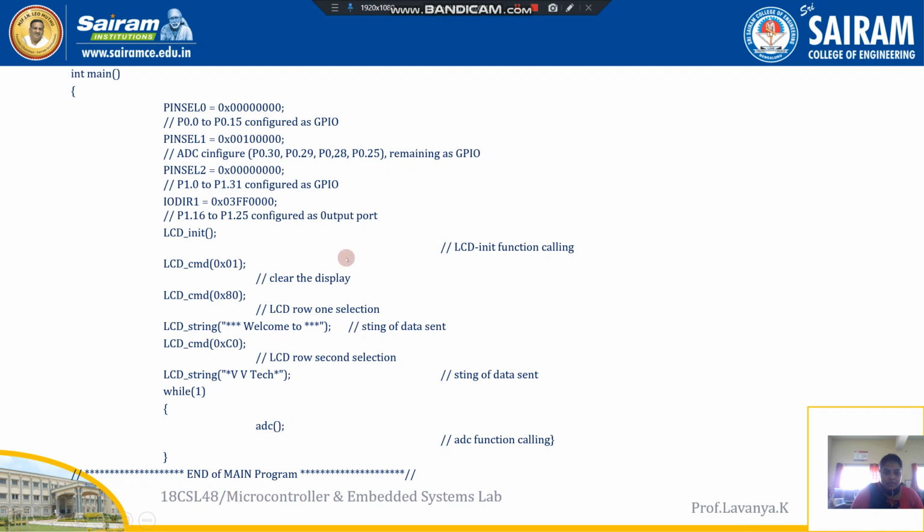Then the value 3FF: I am setting the IO direction path here. The 3FF is going to be multiplied with the current value, then it is going to display the original value of the ADC.